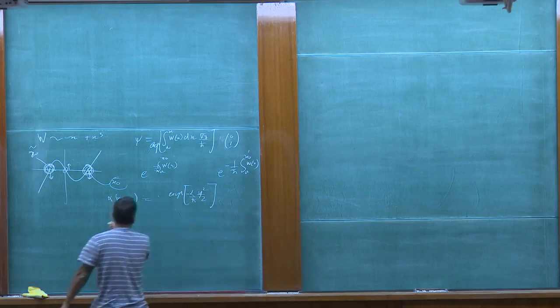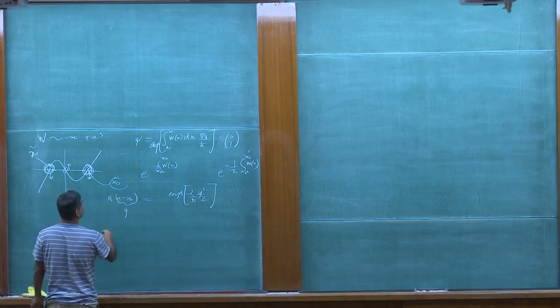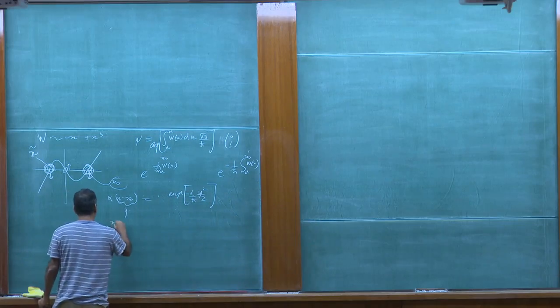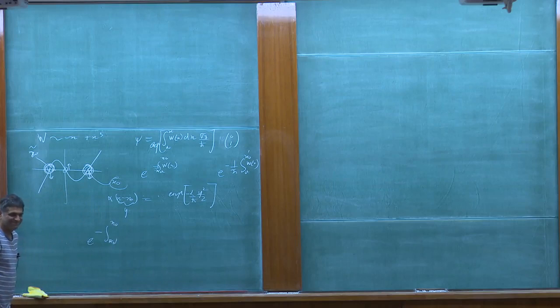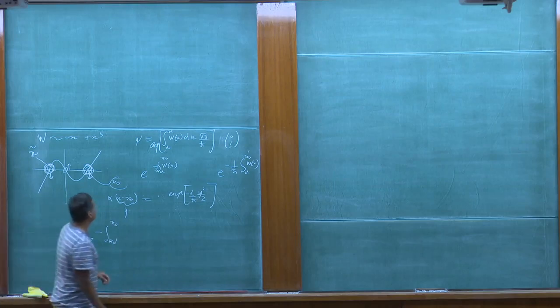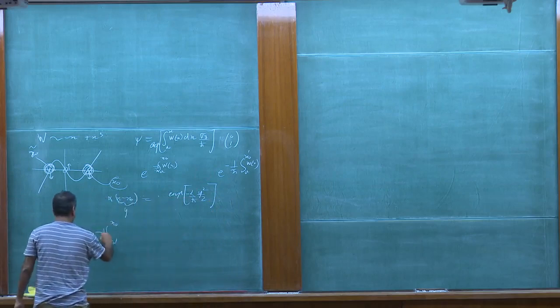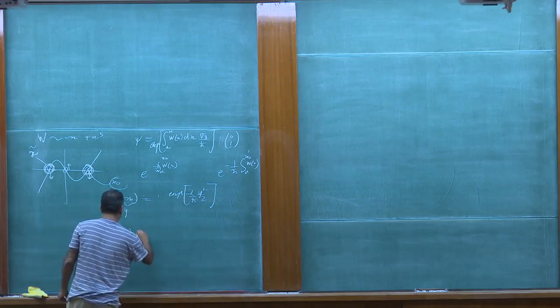And so what we will get is an e to the power minus the integral from x naught prime to x naught, if we take the ratio of this divided by this, of 1 by h bar w of x dx.